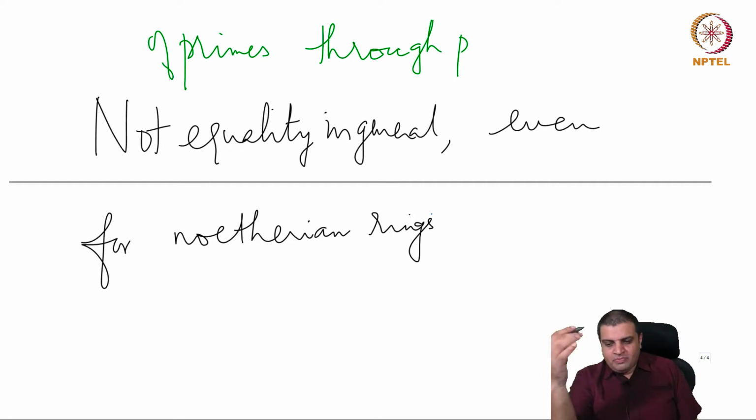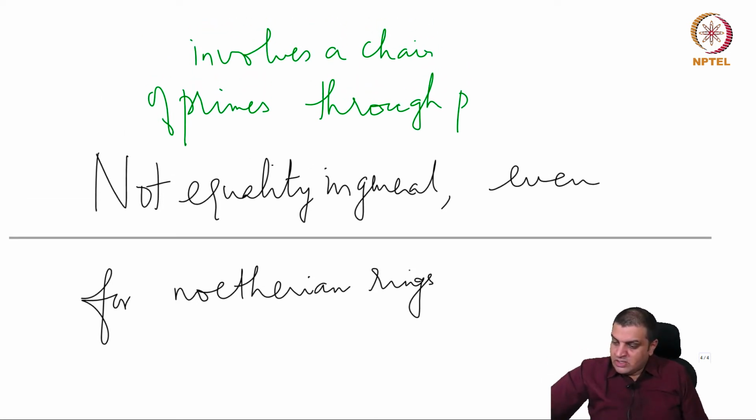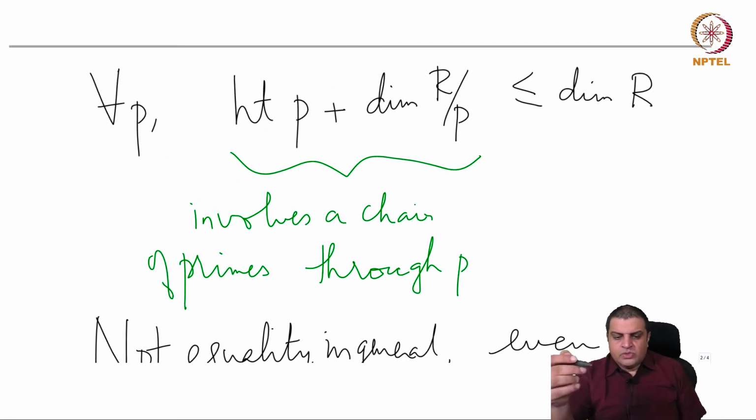There are books describing these examples. In fact, that this is not necessarily an equality is one of the problems in trying to prove that the dimension of a polynomial ring in n variables over a field is n. In fact, this is true. The equality is true in those rings, but one needs to prove that first, or one would just be going in circles.